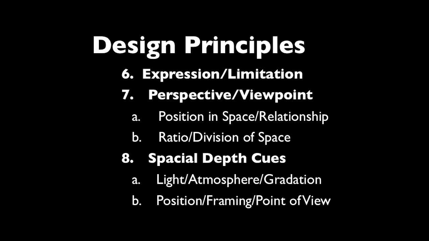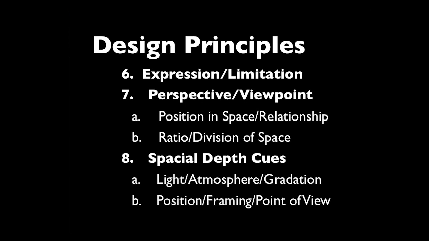Next, we have perspective and viewpoint. This becomes a very important point when you're working as a cinematographer. Placing the camera in the right position for that shot is going to define your composition from one moment to the next, whether that camera is moving, whether the actors are moving, or whether you're just simply watching something happen and unfold in front of you.